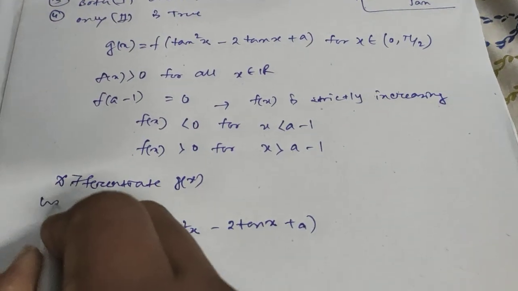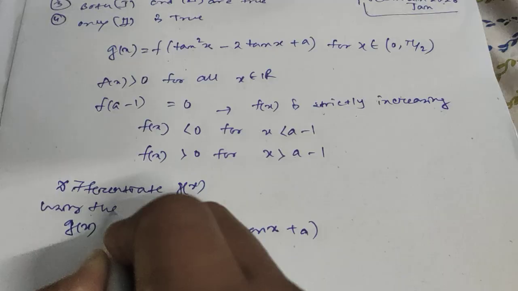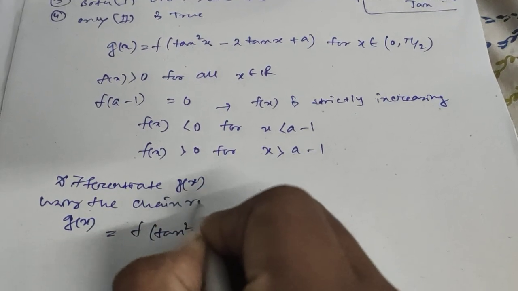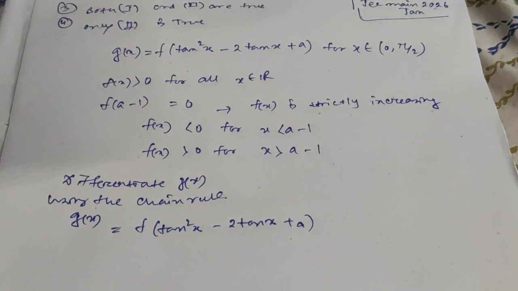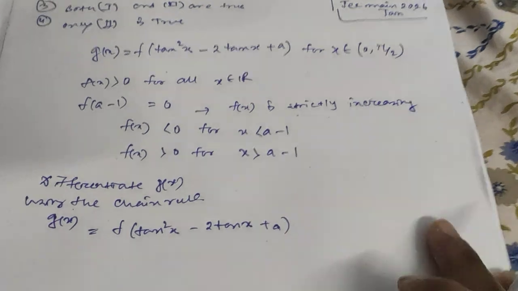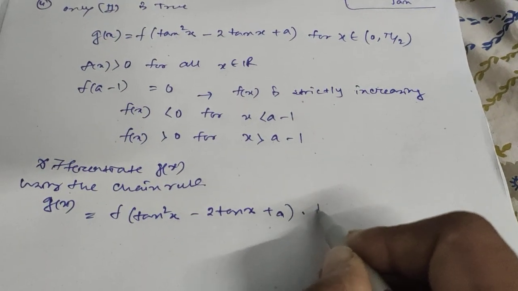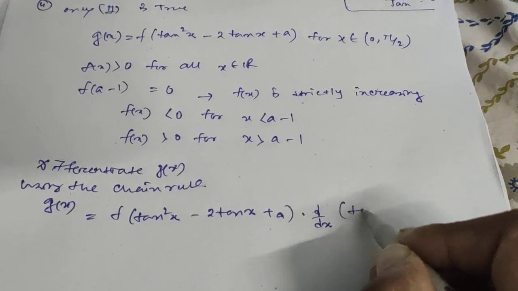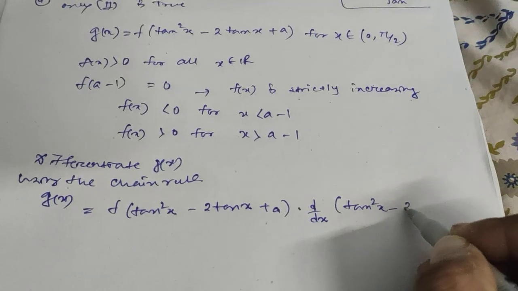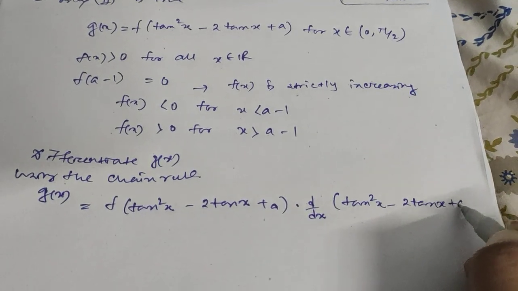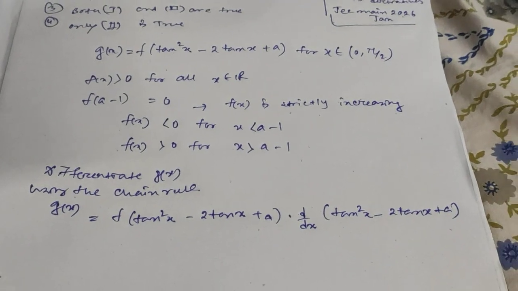Using the chain rule, we get f prime of tan²x minus 2 tan x plus a, dot d/dx of tan²x minus 2 tan x plus a, right?